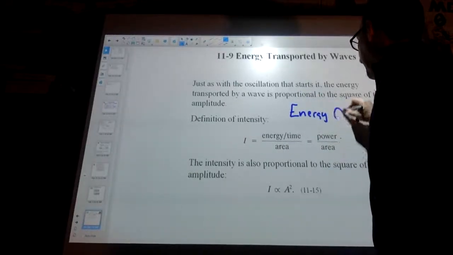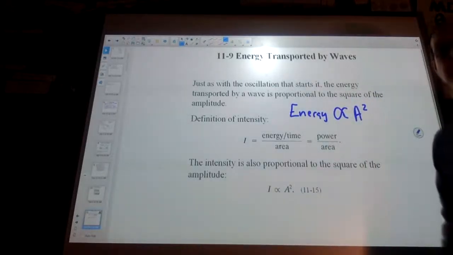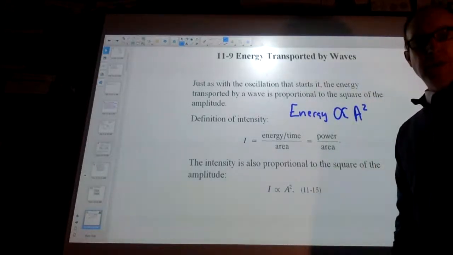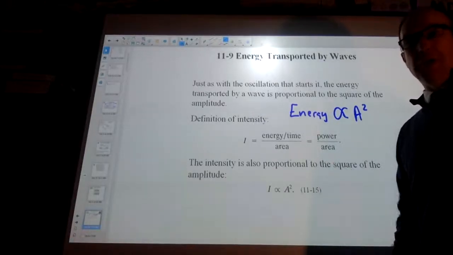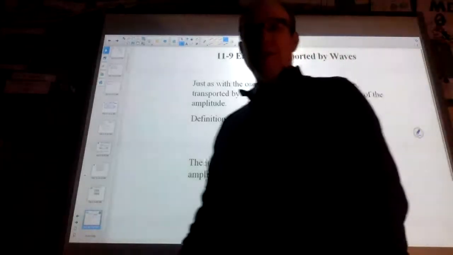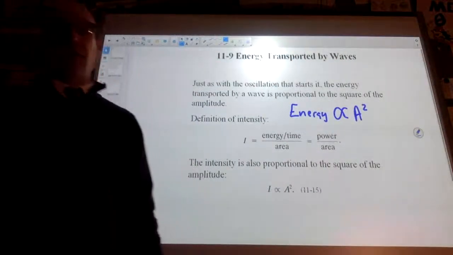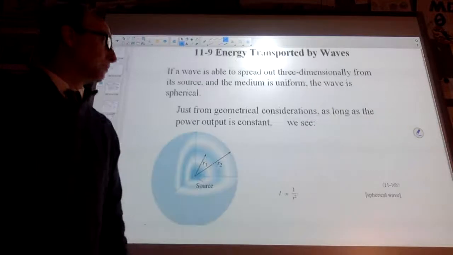So for us, the fact that the energy is proportional to the amplitude squared is an important thing. You don't need to know, there's going to be a very complicated equation here that will never show up. You just need to know this relationship. Very much like you need to know how the period and the radius relate in elliptical orbits.